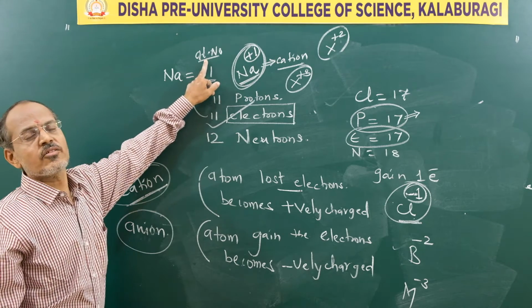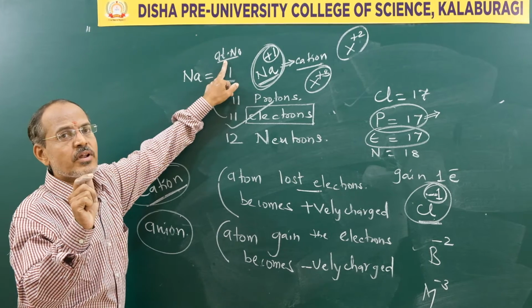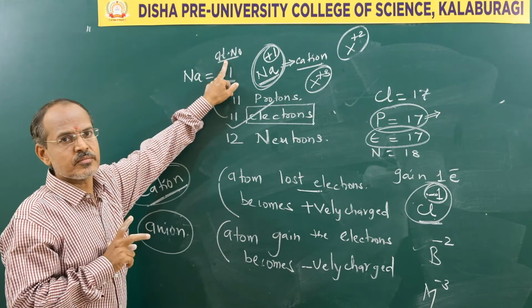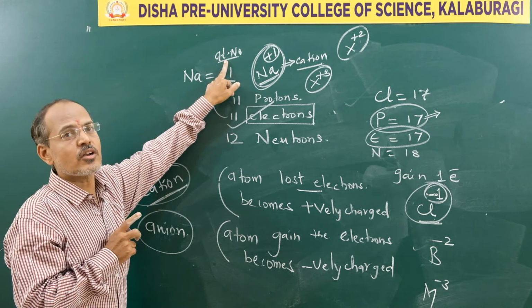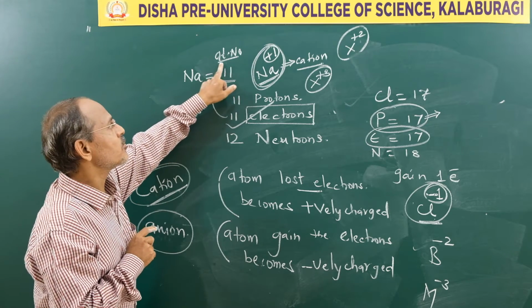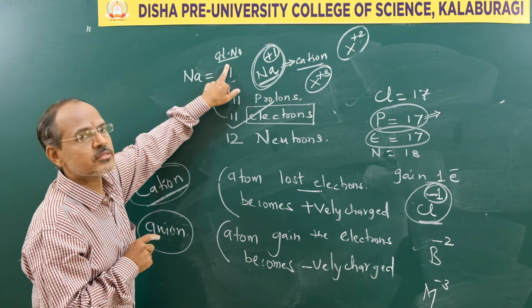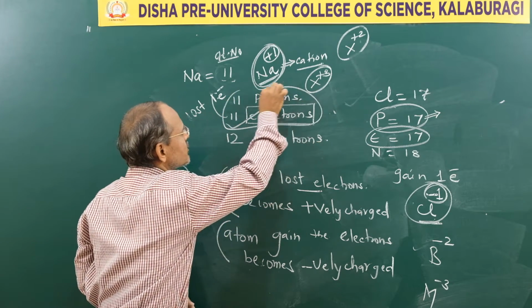Now, atomic number, as you know already, is the number of protons present in an atom. And whatever the number of protons in an atom, the same number of electrons are there.